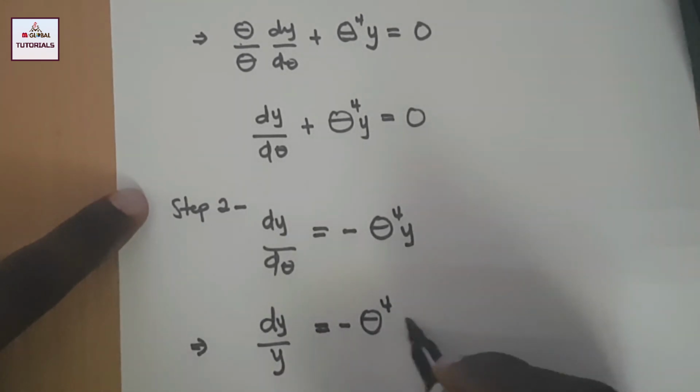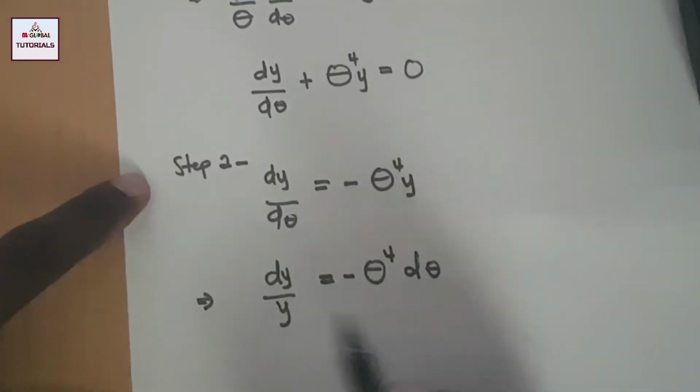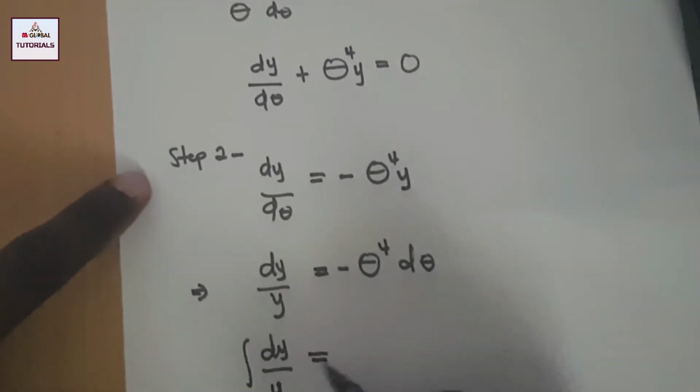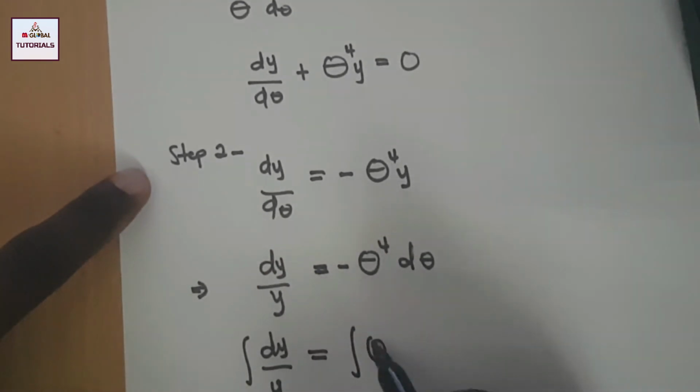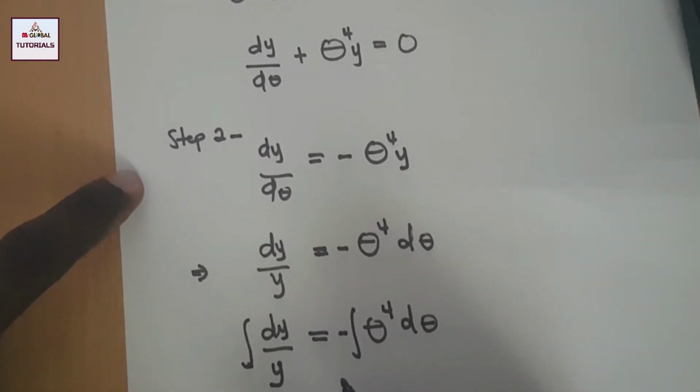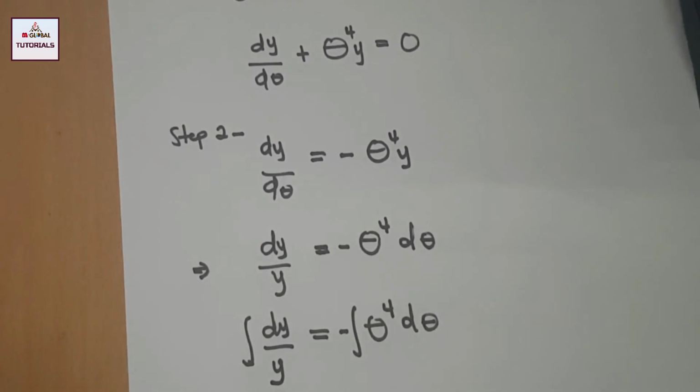Then we've gotten dy over y, so we need to integrate. We integrate dy over y equal to, we integrate theta to the power 4 d theta. And here we have a minus sign, you have to still bring it back. If you remove it, you are just going to get it wrong.